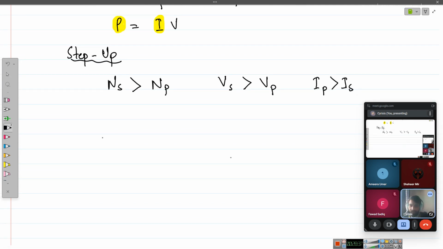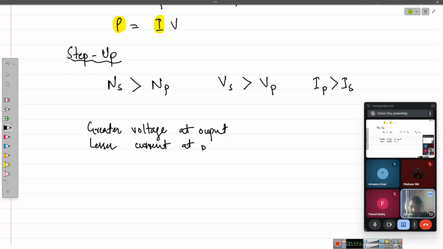So in other words, if I draw the current and the voltage, right? So we can say that greater voltage at output, right? Lesser current at output, right?